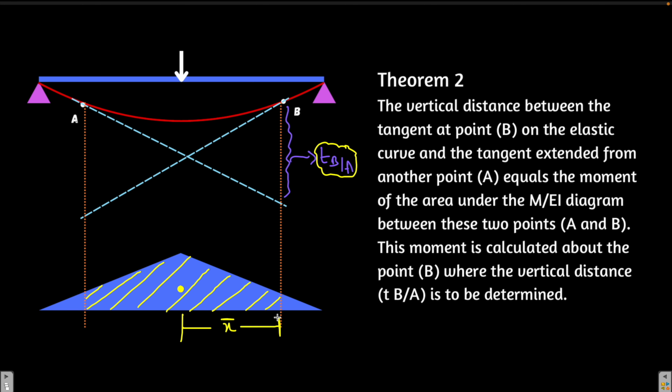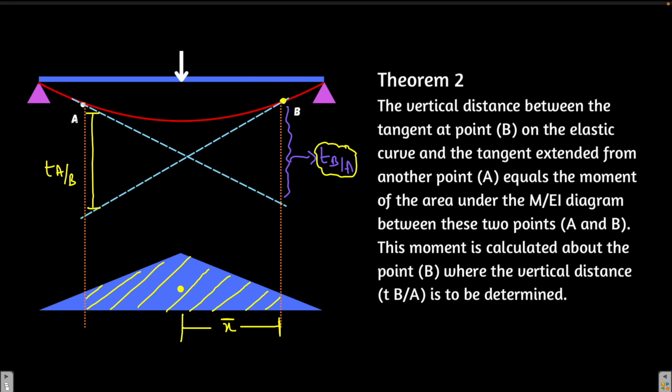Now it is very important to choose the x bar. Suppose we have to find the deflection of point B, then we will take the centroidal distance of the area from point B. Now suppose we have to find TAB, that means the deflection of point A with respect to the tangent drawn at point B. That means it is this distance.